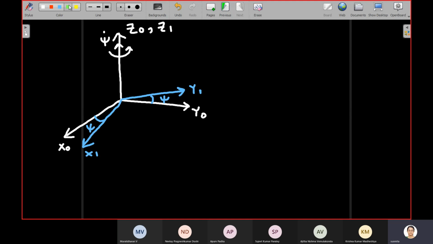The second rotation is about the y-axis, and we are applying a positive rotation. So using the right hand thumb rule, this is the direction of positive rotation, and this vector is theta dot. Pitch rate theta dot, and we are applying the rotation about the y-axis, so the y-axis remains unchanged. This time z and x will change their orientation.